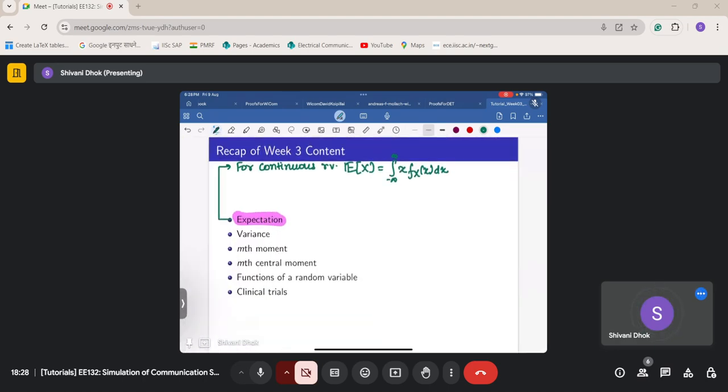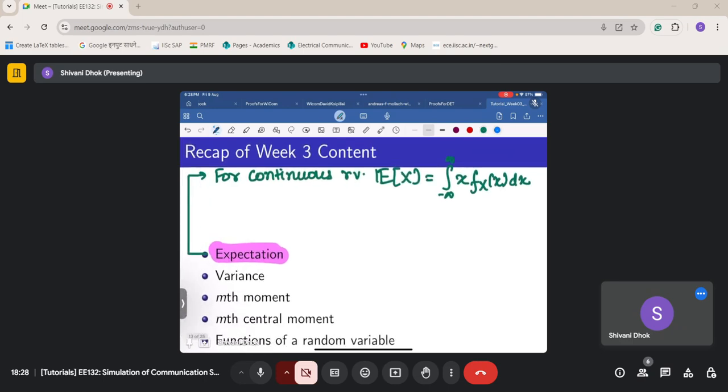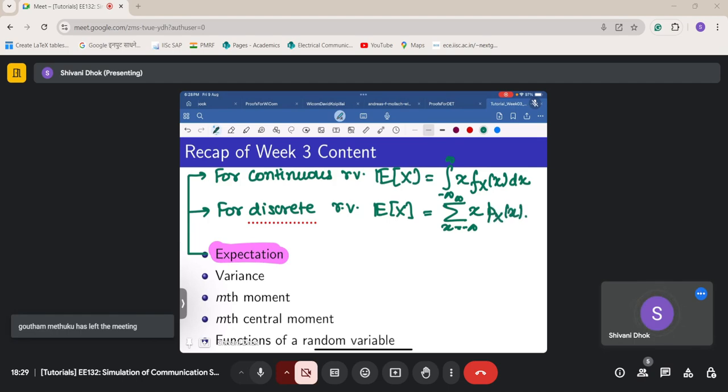And for a discrete random variable, expectation of X is equal to summation from minus infinity to infinity of x into the PMF, that is px of x.